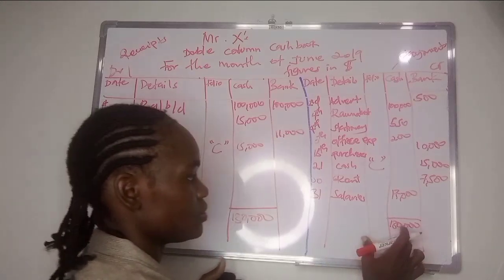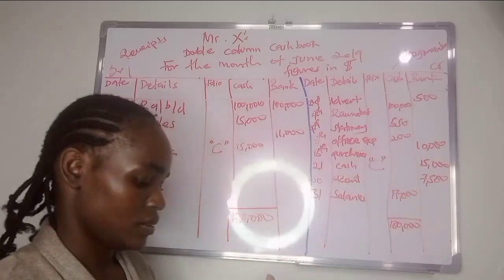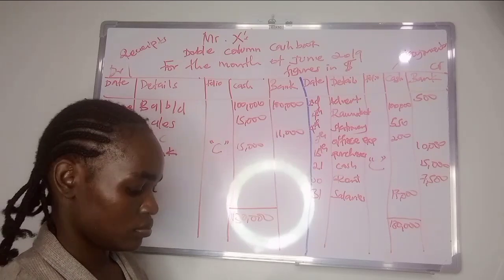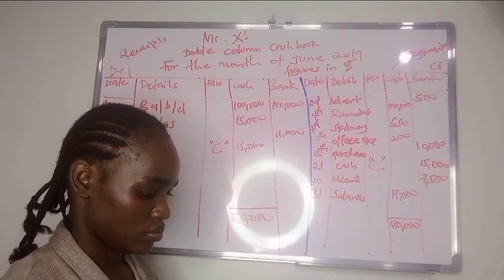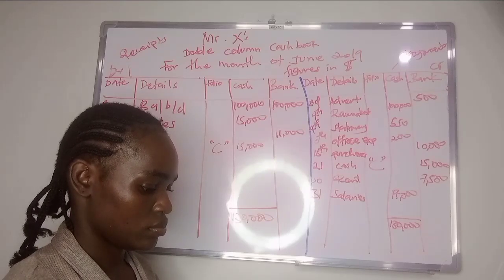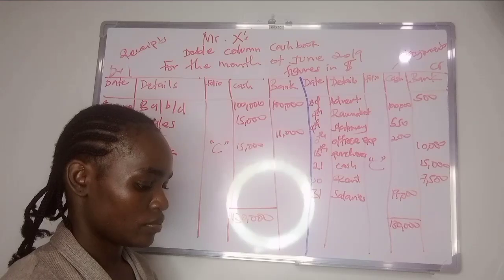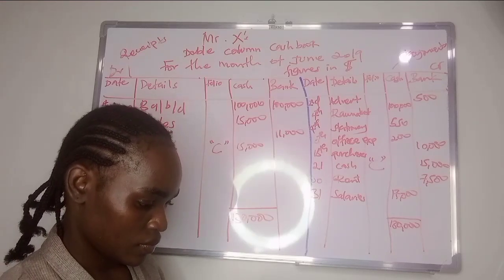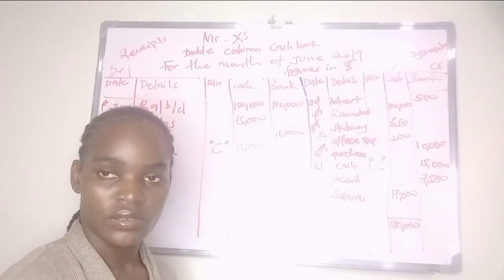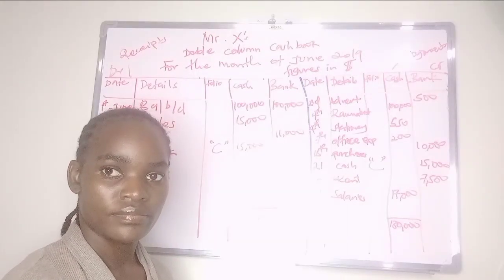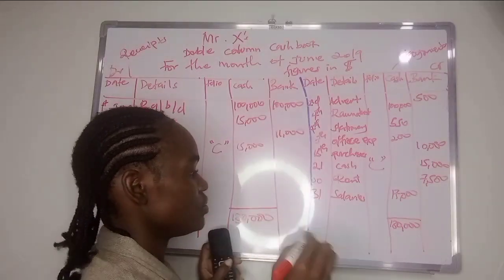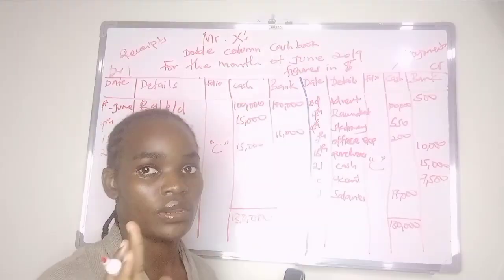Then we get this minus the total of this side, which is 12,250. Yeah, so 12,250, it will become the balance brought down.